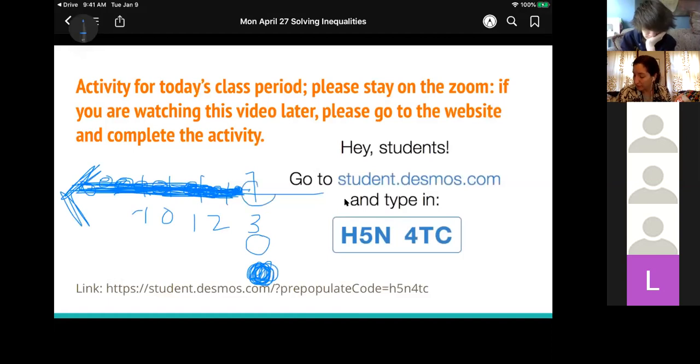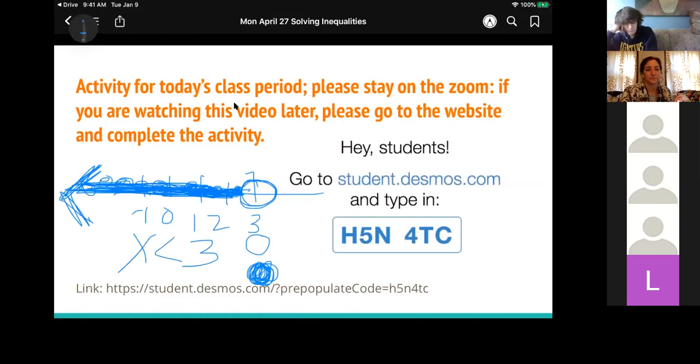Open circle. So I would have an open circle on 3 and then everything behind it. As you go through this next part of the exploration, it's going to talk a little bit about that. But please know that an open circle means 3 is not included. So x is less than 3 would be an open circle.